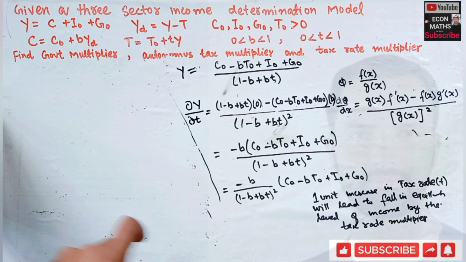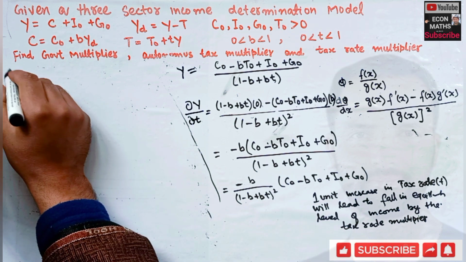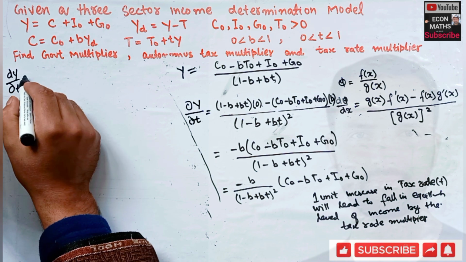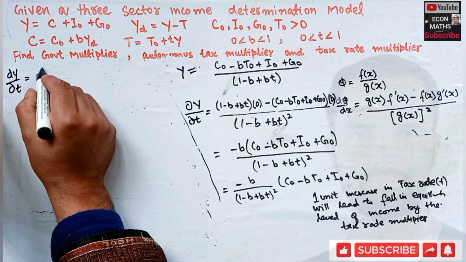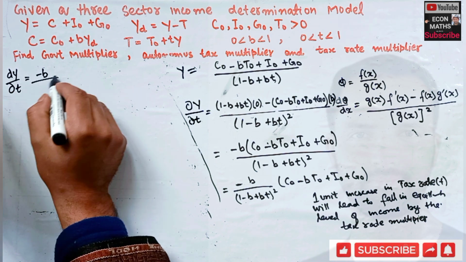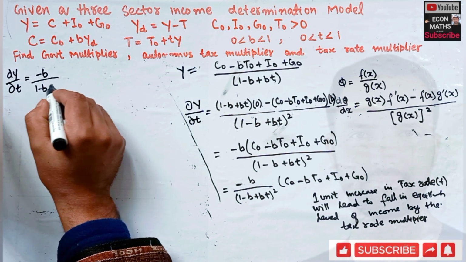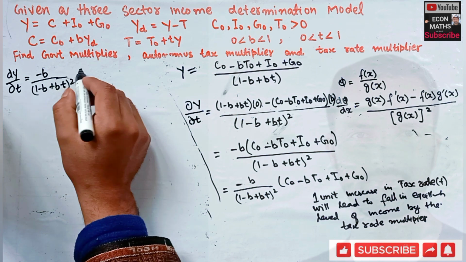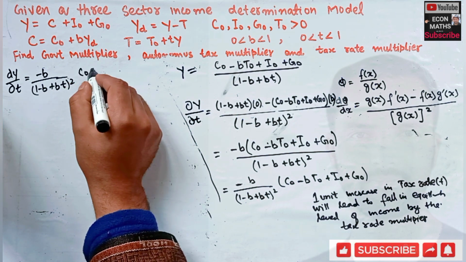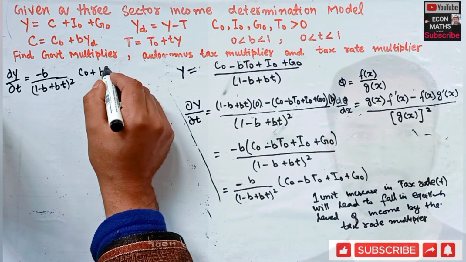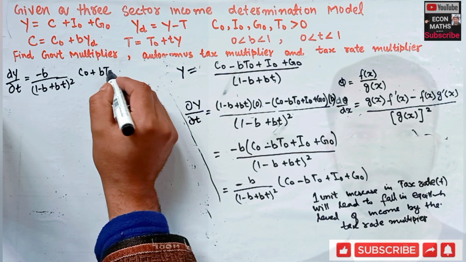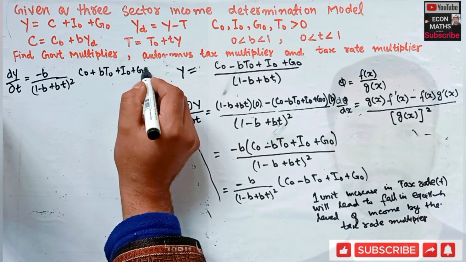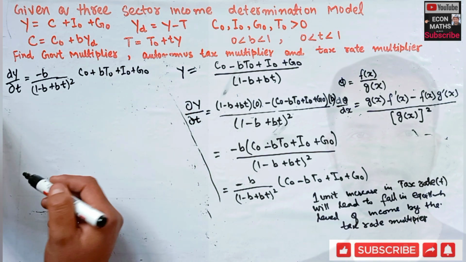This dy upon dt is equal to minus b upon 1 minus b plus bt square into c naught minus b t naught plus I naught plus g naught. We can rearrange this again.